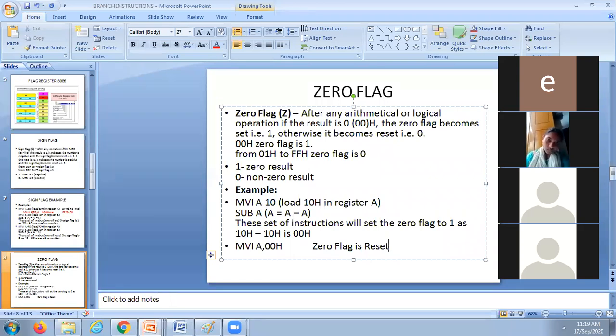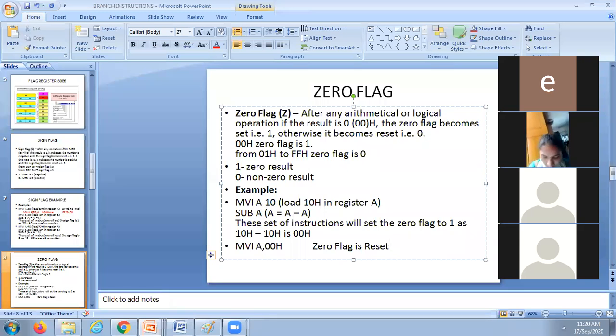With the data transfer instruction, the accumulator is loaded with 0. That is the destination register. Now, what about the zero flag? Is it set or reset? No, it is not set. It is reset only. Why? Because it is not an arithmetic operation. It is not a logical operation. I will repeat once again.